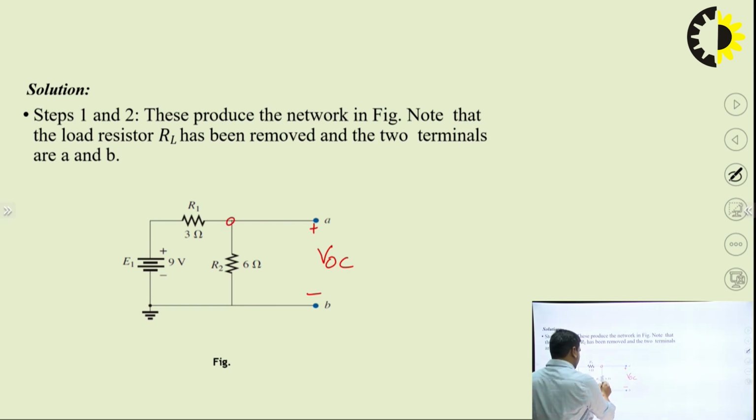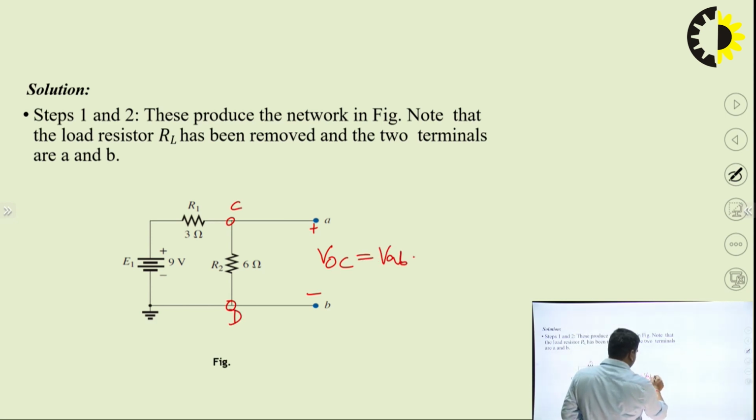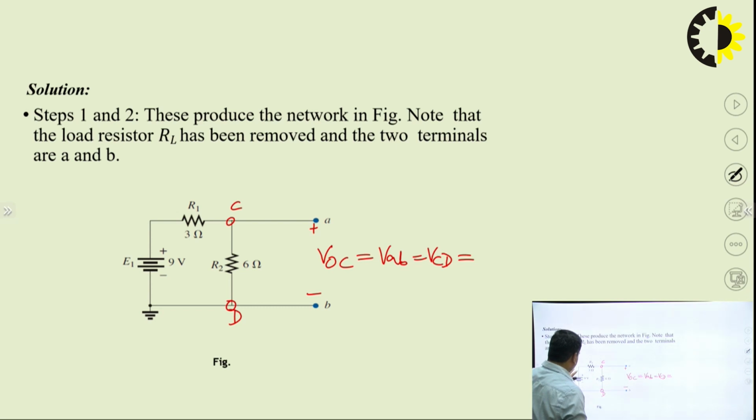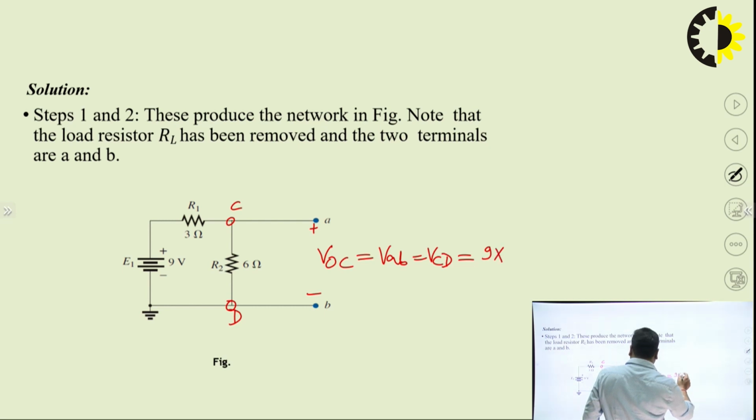So here it is VOC, that is equal to VAB, that is VCD. Okay, so by the voltage divider rule, the total voltage is 9 volt, and that is across 3 plus 6. What is 9 into 6 divided by 9? That comes to 6 volt.